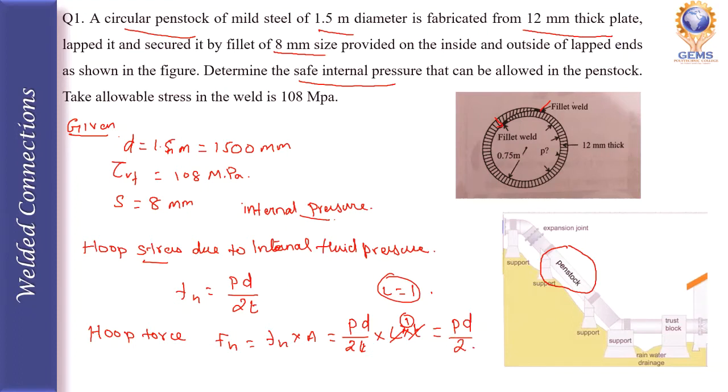Then we need to find the effective length of the fillet weld. Here we are assuming the effective length of fillet weld LW is equal to 2 times the total length.